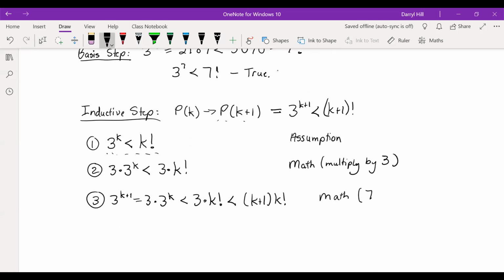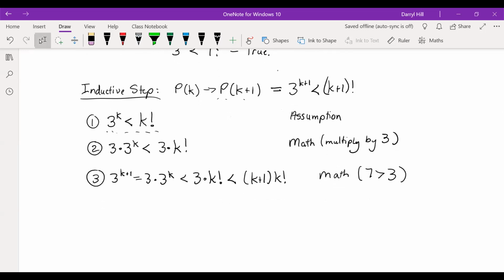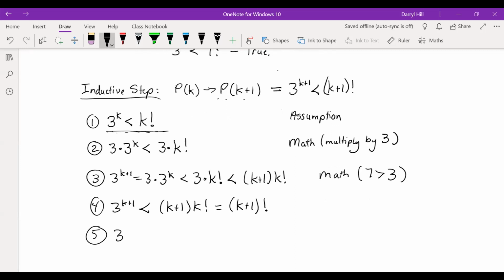We'll say that 7 is greater than 3. That implies that 3 to the k plus 1 is less than k plus 1 times k factorial, which is equal to k plus 1 factorial. All right. So we've taken our assumption and transformed it into the thing that we wanted to prove, which is 3 to the k plus 1 is less than k plus 1 factorial.